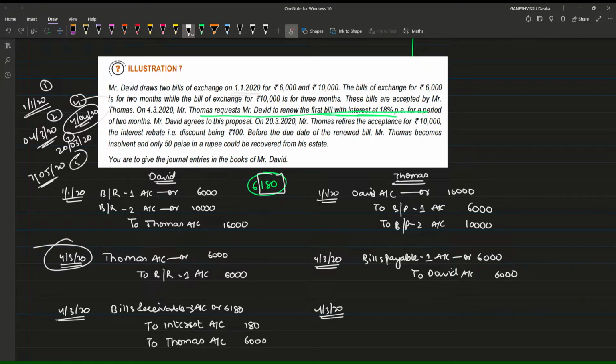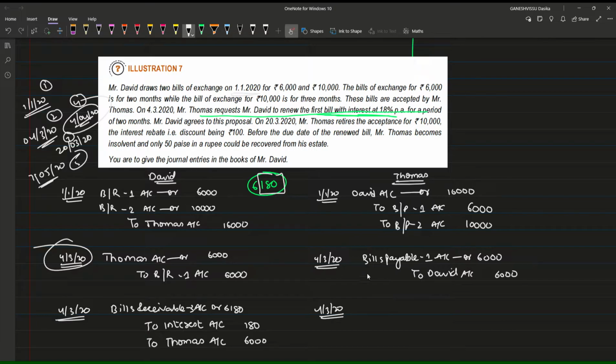The reversal of these entries would be in the books of Thomas. So now understand, in the books of Thomas, interest is payable, which is an expense to Thomas, and he is going to have bills payable. He is going to take these bills receivable that David is giving, which become bills payable for Thomas.